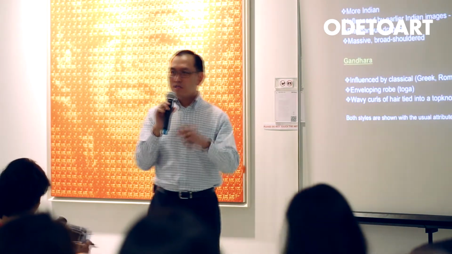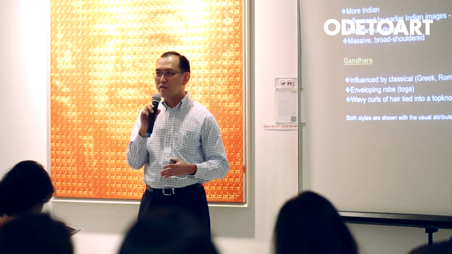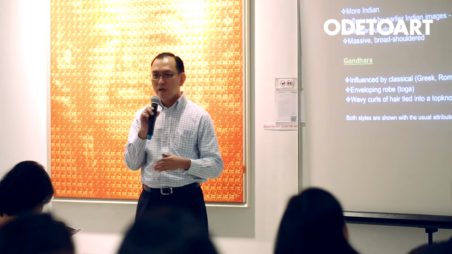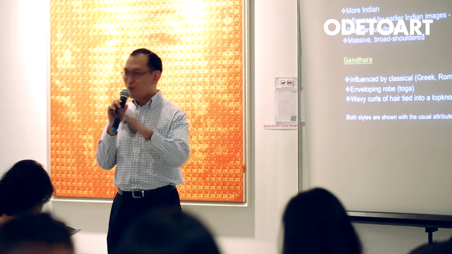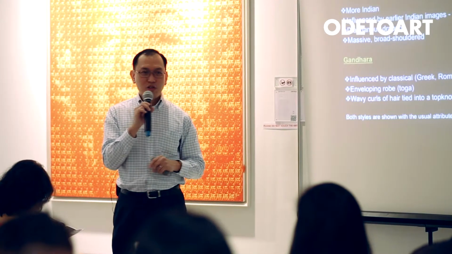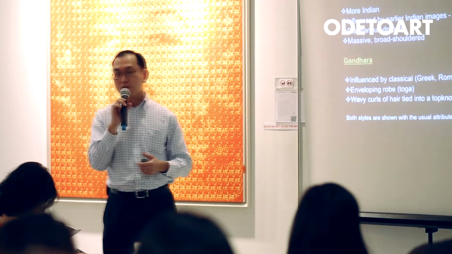And this is just some brief characteristics of each of the styles that emerged in Mathura and Gandhara. The Mathura Buddha is more Indian. I'll tell you more about that later. It's influenced by earlier Indian images, for example, the yakshas.